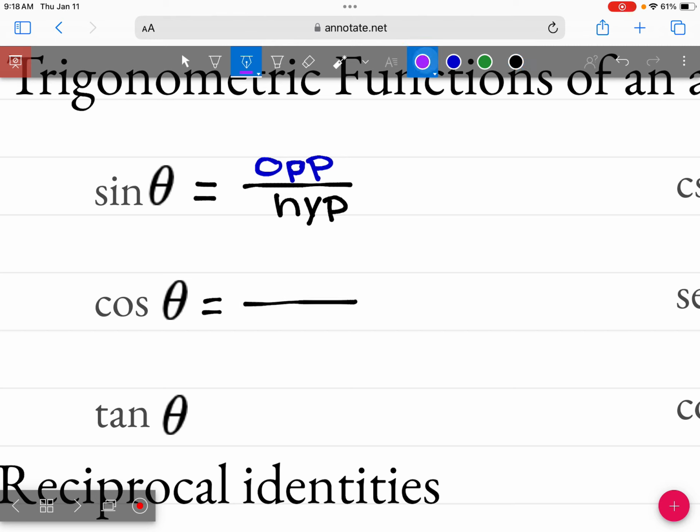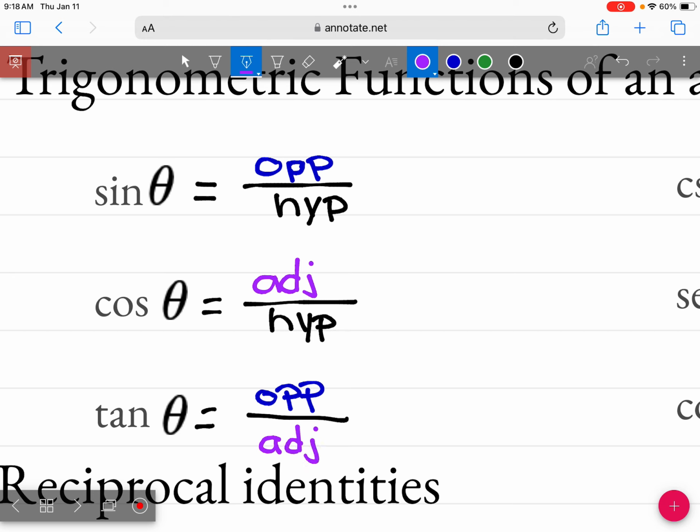Cosine is adjacent over the hypotenuse. And tangent is our opposite over adjacent. For our sine, cosine, and tangent.